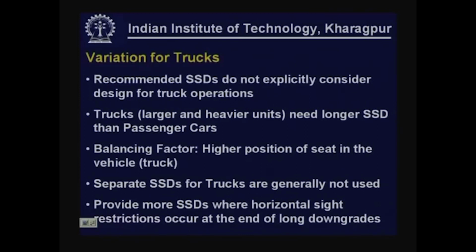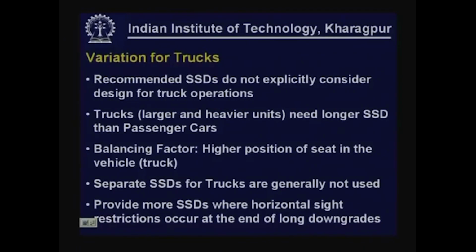However, there is a balancing factor, that is height of driver's eye above road level. In case of a truck, it is much higher as compared to the height of driver's eye for cars. So, that is a balancing factor.